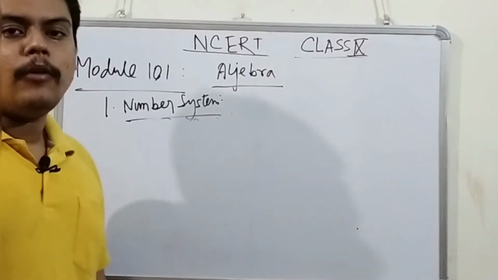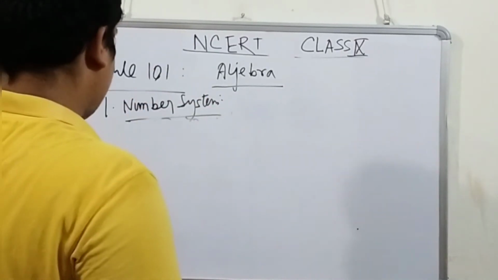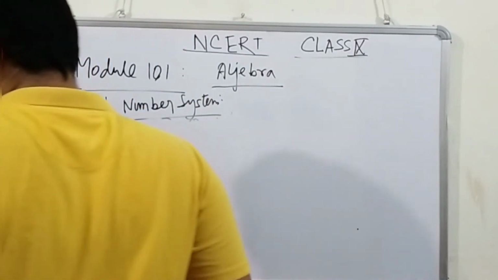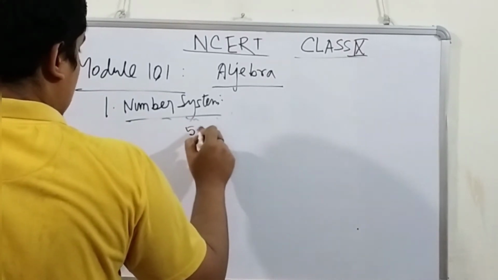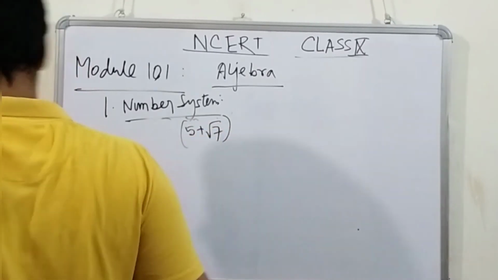Guys, so now we will do some application of those identities. The first one is the simplification of an expression. Here I am referring to the NCERT book.